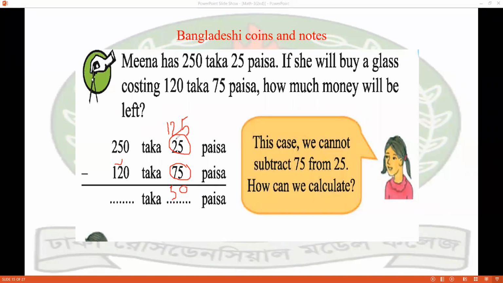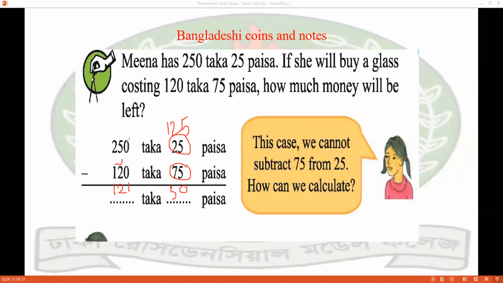But there is 25 paisa, you take 1 taka, that means 100 paisa, from the original place. So we add here 1 taka, so here will be 121.